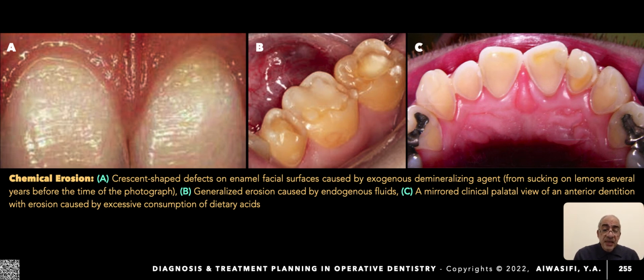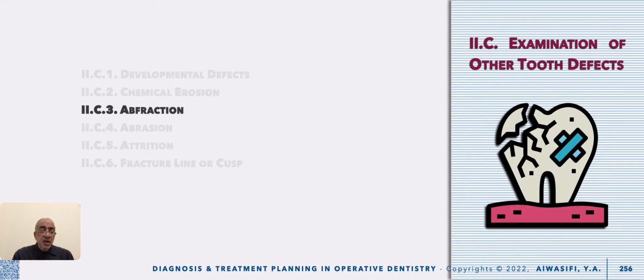And C is a mirrored clinical palatal view of anterior dentition with erosion caused by excessive consumption of dietary acids. And at the same time, if it is a female, you may expect frequent pregnancy. Then comes the most common lesion nowadays, which is abfraction.